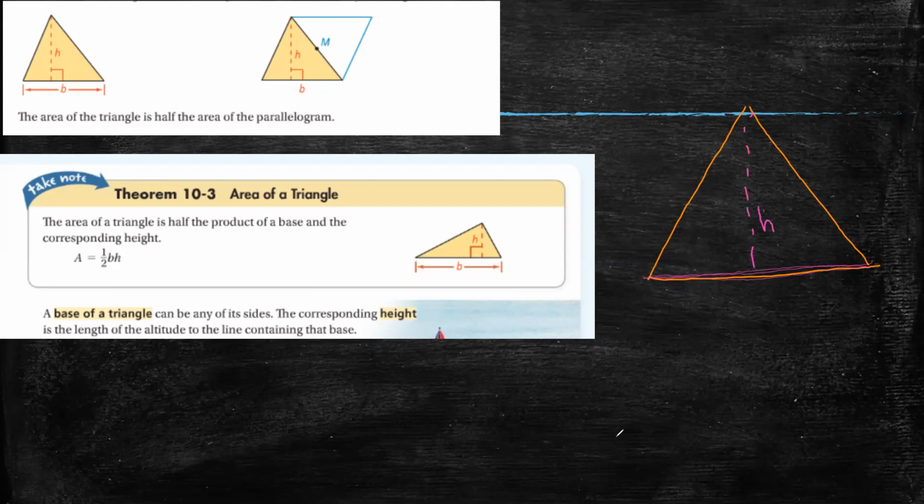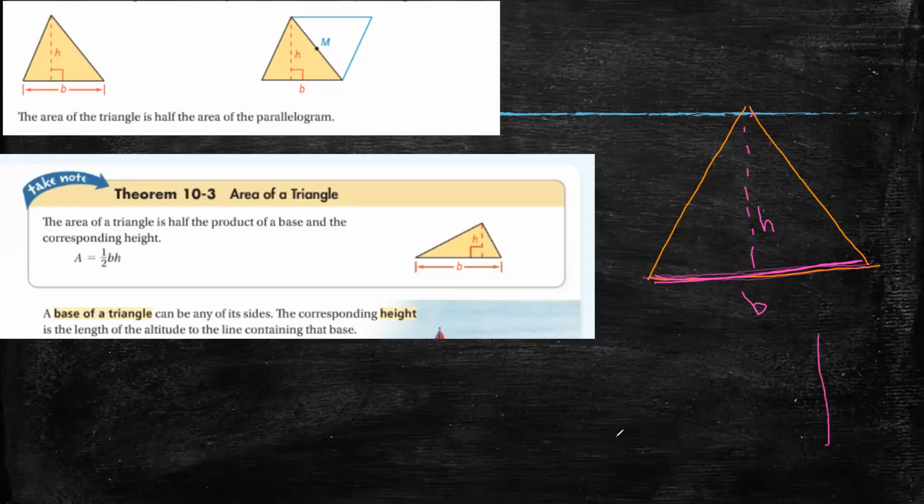Why? Because it is the same as the parallelogram. And we said yesterday, I must have a segment that is perpendicular to the base. If the pink one is my base, the altitude is perpendicular to the base.